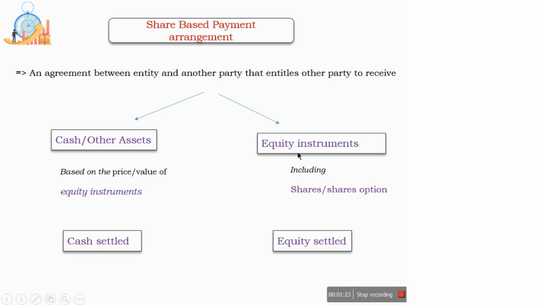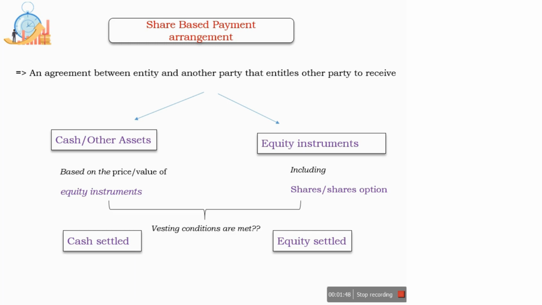In the second one, the entity issues the equity instrument, not cash. It is very important to identify whether a transaction is cash settled or equity settled, because the accounting treatment depends on the type of arrangement.